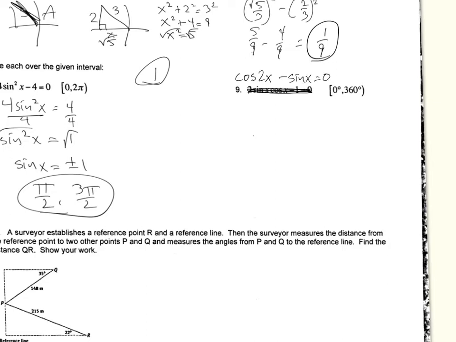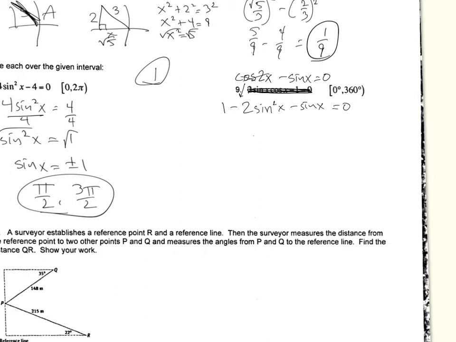Still in radians and degrees, but let's solve this problem. So because of the sine, you should pick the formula that's 1 minus 2 sine squared, because there's already a sine in there. So cosine of 2x is coming out, and in its spot we're going to use from the paper 1 minus 2 sine squared. And then we still have a minus sine x, still equal to 0.